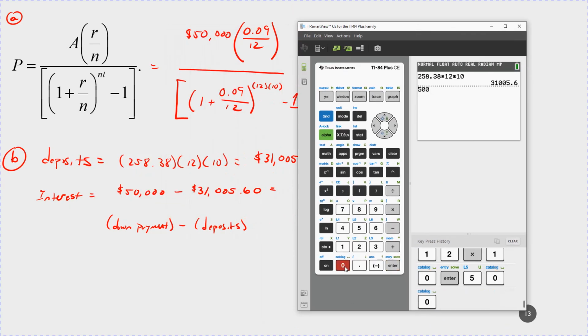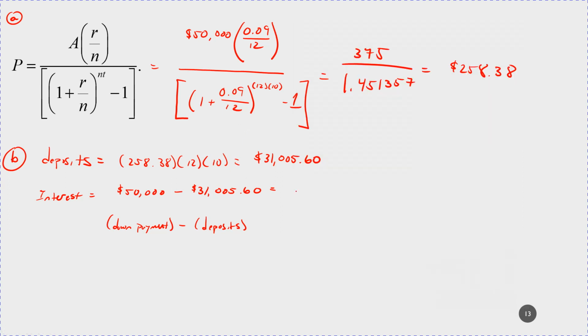So 50,000 minus 31,005.60. So you did pretty good. You made $18,994.40 in interest. Okay, so start saving now for that down payment.